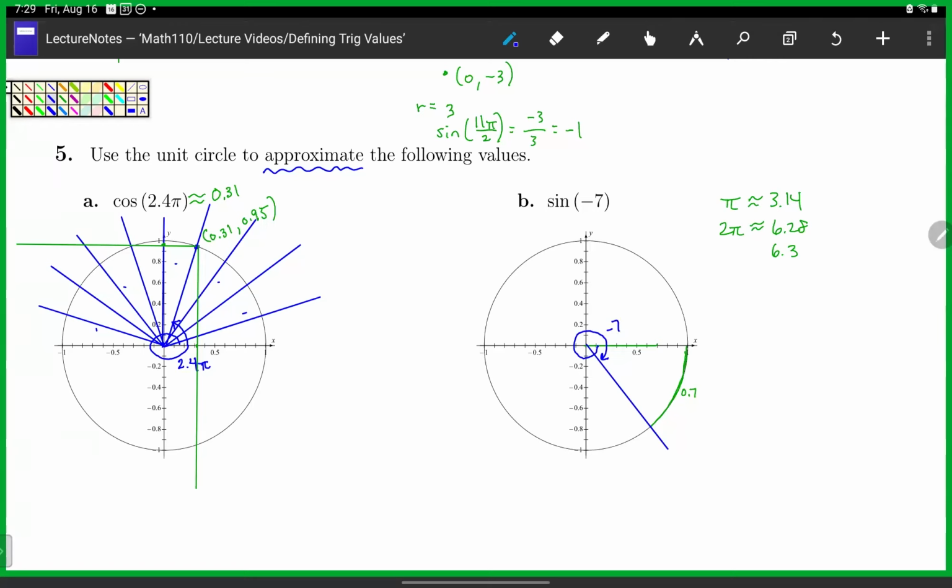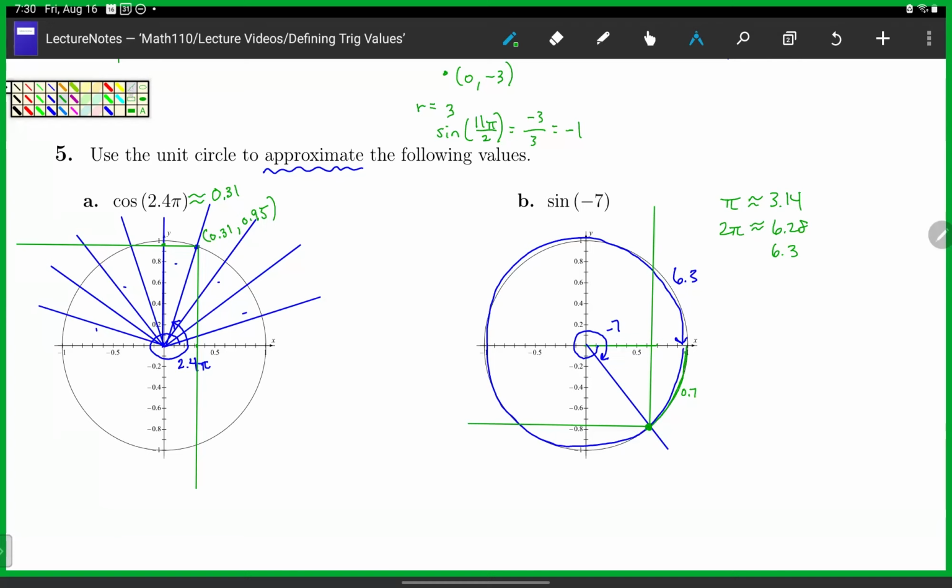-7 as a radian measure angle, or thinking about all the way around the unit circle, going around once would be about 6.3, and then there's another 0.7. So again, I have my x and y coordinates. I'm just going to see if I can eyeball a line that's roughly parallel to the y-axis in both directions.